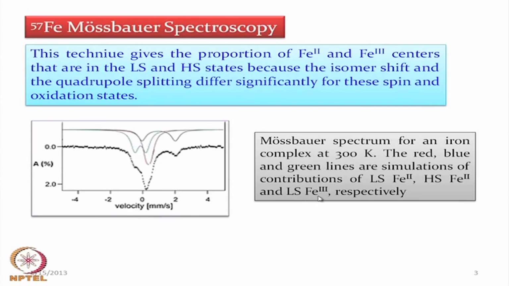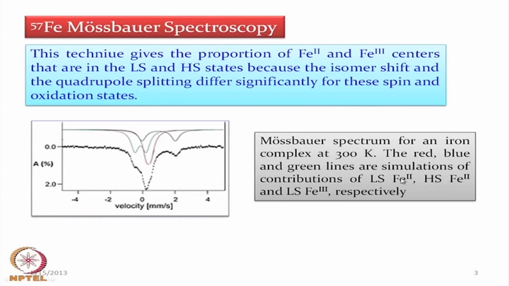One is missing, in this particular case the high spin iron 3, that means the high spin ferric compound is not available. So, that particular iron complex at 300 K, which is close to room temperature, gives rise to the proportions of 3 different species.